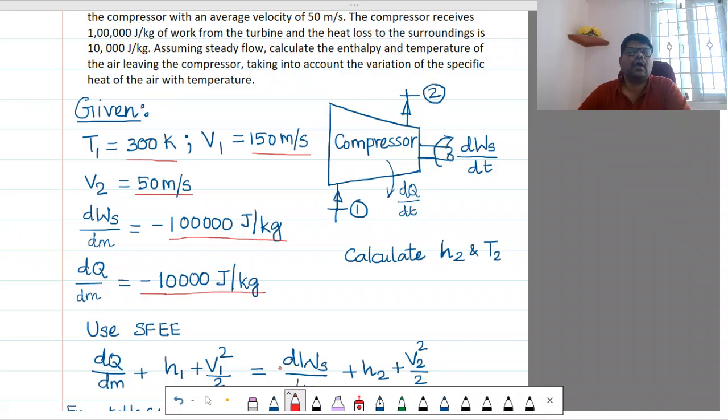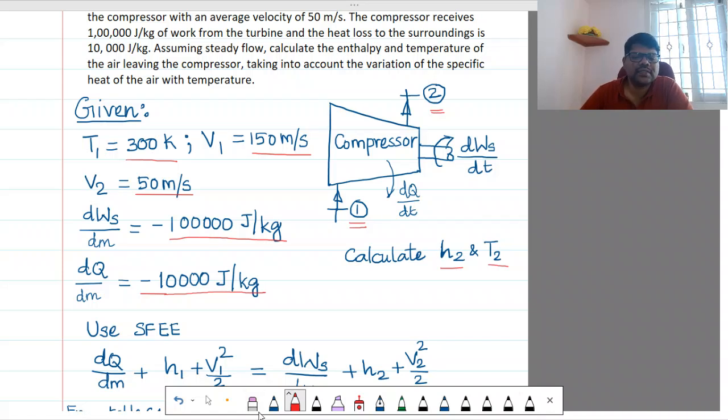Now, we are asked to calculate the enthalpy and temperature of the air leaving the compressor. That means H2 and T2. I have shown the simple sketch of a compressor where 1 is the inlet and 2 indicates the exit of the compressor. dWs by dm is the input shaft work and dq is the heat lost from the compressor.